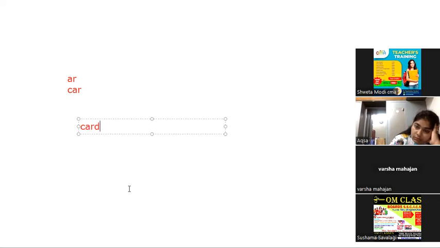So when R is at the end, you hear a slight r coming, but when it is in the middle, you hardly hear r. You don't say card with an r sound. So you don't hear the r sound if it is in between of the word. Farm, part, start, card, dart, march, chart, smart, star, all these words.